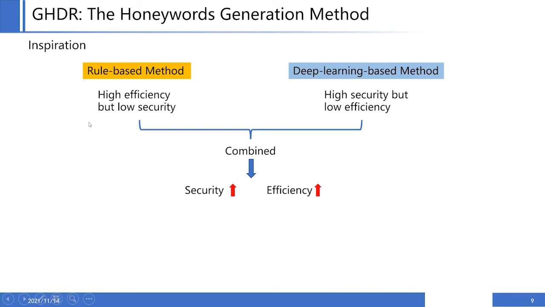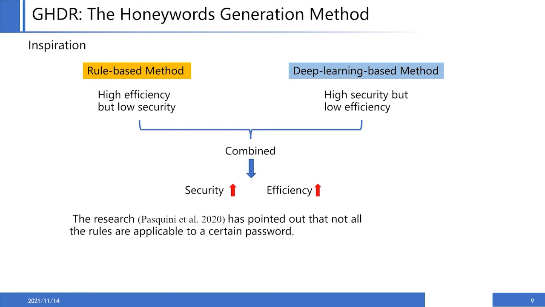The research by Pasquini et al. has pointed out that not all the rules are applicable to a certain password. That is, the generated password obtained by transforming the password with an inapplicable rule is different from the raw password.